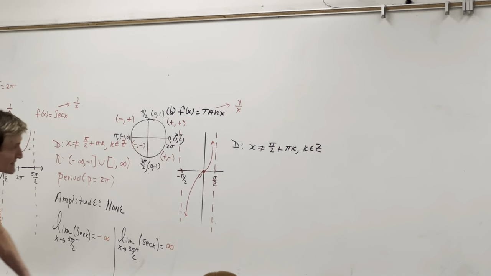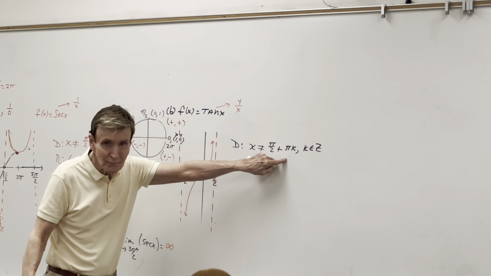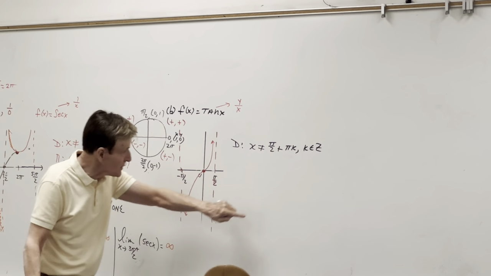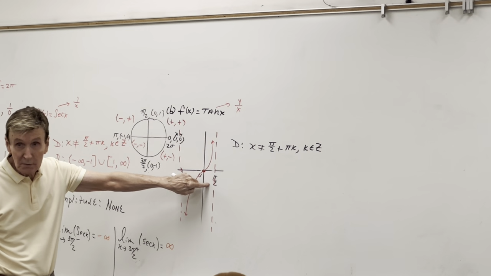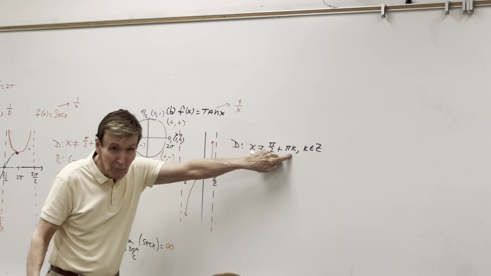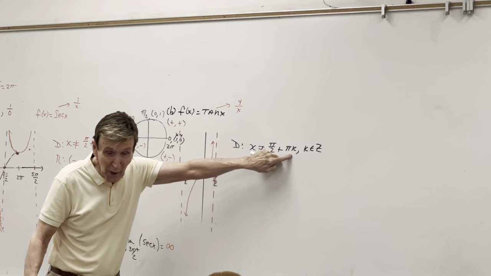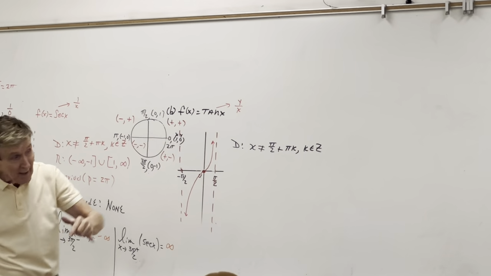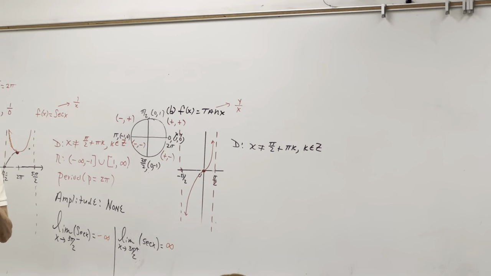If I replace k by 0, that second term drops out and leaves me pi over 2. Was there, sure enough, at pi over 2 an asymptote? Undefined. If I replace k by 1, I get what? Pi plus pi over 2 is what? 3 pi over 2. Was there an asymptote at 3 pi over 2? I think there was.